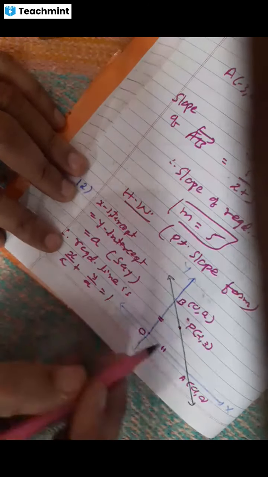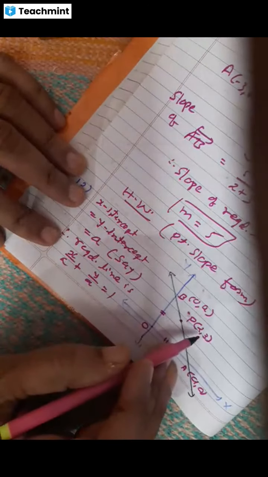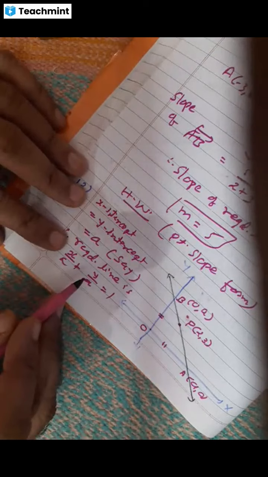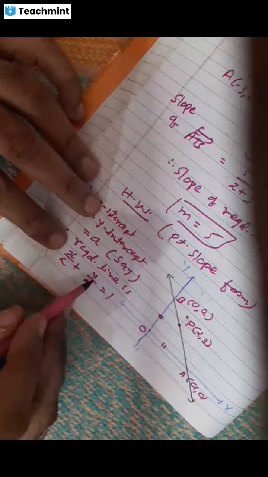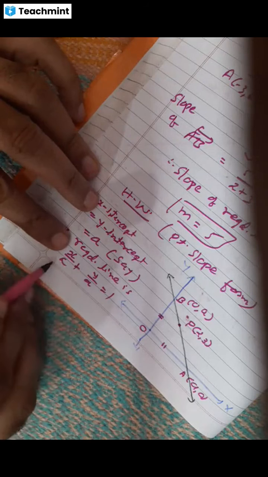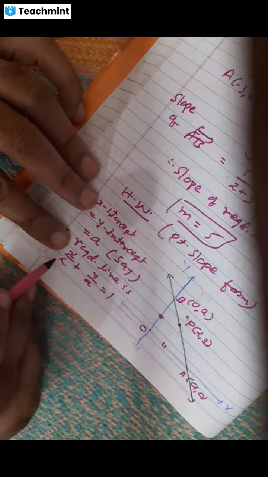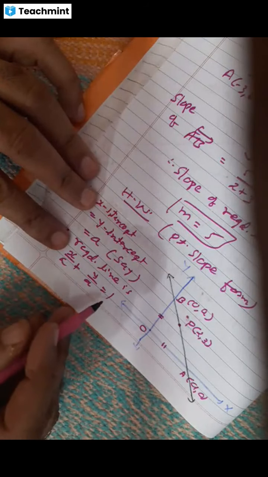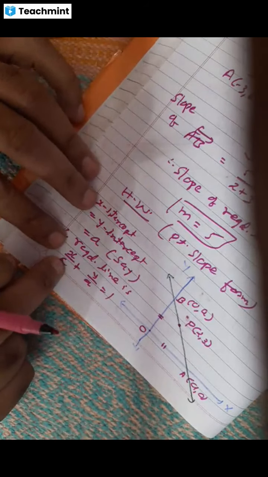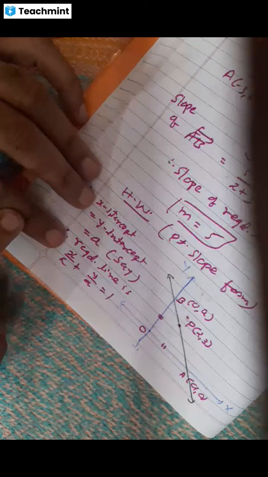And now this passes through which point? (2, 3). So what will (2, 3) do? It will satisfy the equation. So put (2, 3) over here: x equal to 2, y is equal to 3. And then you will get the value of a. Whatever value of a you get, you have to put it back here, and then finally you will get the answer.